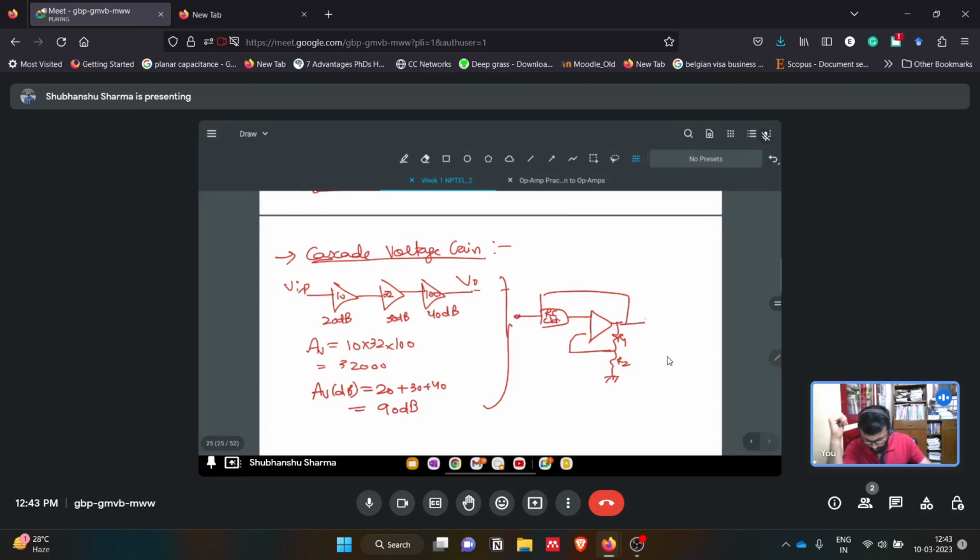Then we can again attach one more RC circuit and an op amp. So it is like this, R1, R2, and we can keep on doing this. So this is equivalent.